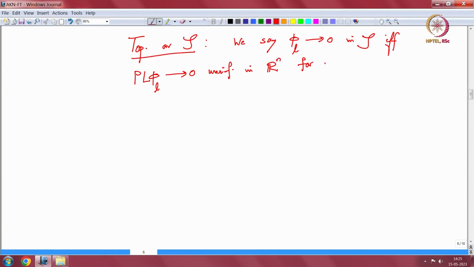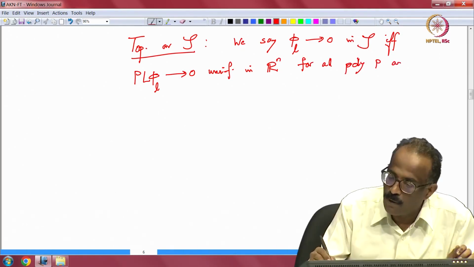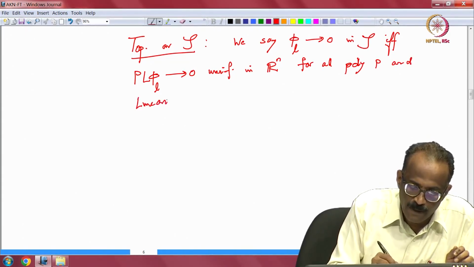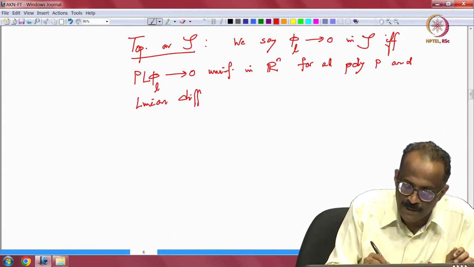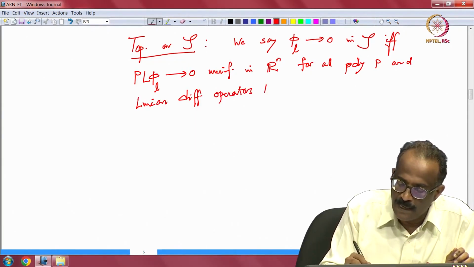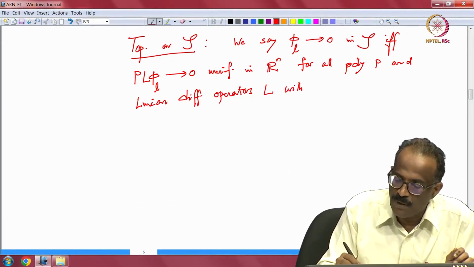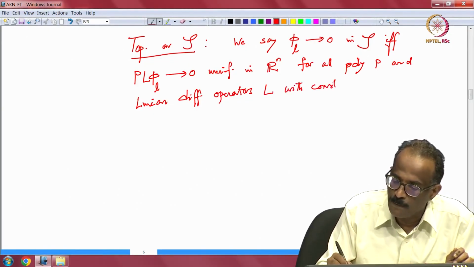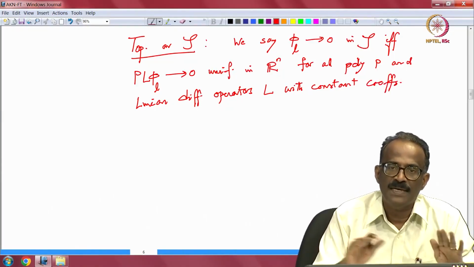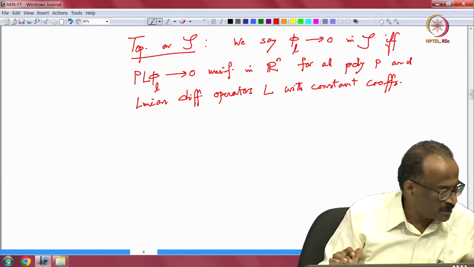This happens for all polynomials P and all linear differential operators L with constant coefficients. So, for the time being we consider P is always a polynomial, L is a linear operator with constant coefficients.